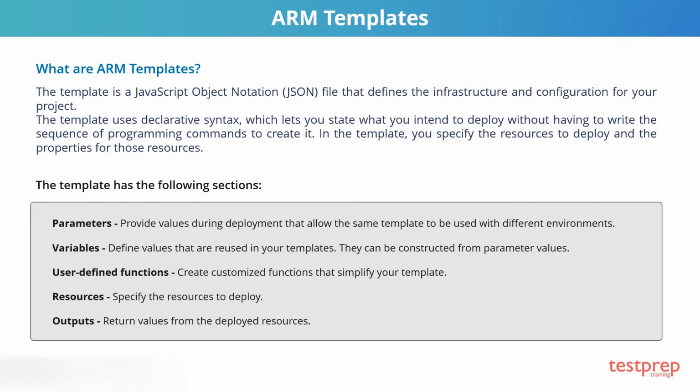Variables. To define values that are reused in your templates. They can be constructed from parameter values. 3. User-defined functions. To create customized functions that simplify your template. 4. Resources. To specify the resources to deploy. 5. Outputs. To return values from the deployed resources.